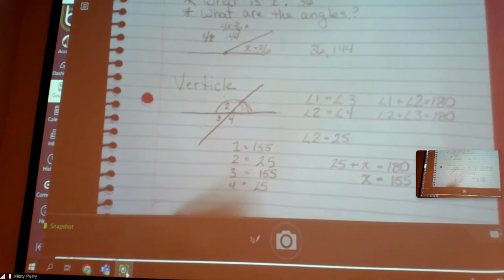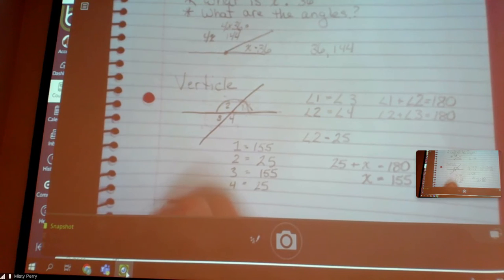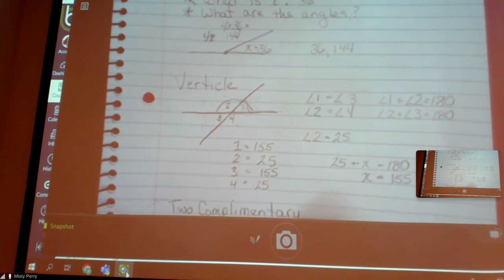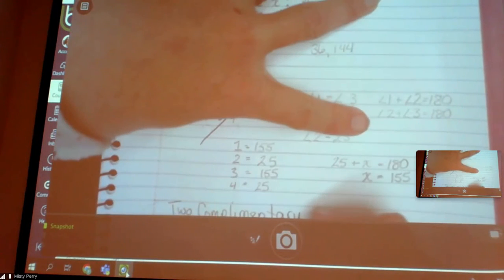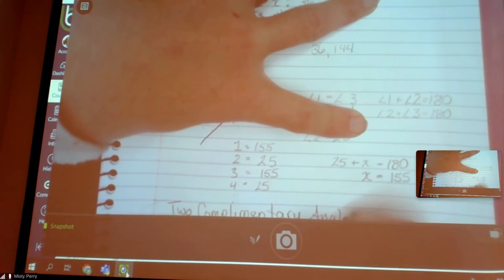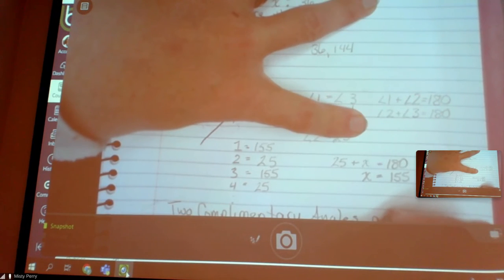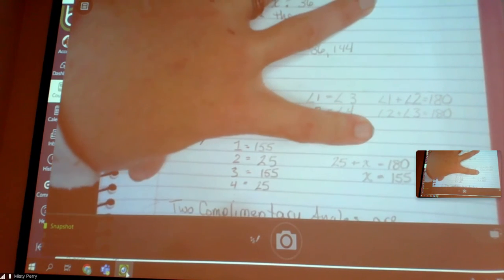What if I have two complementary angles that are 5y plus 7 and 9y minus 29?